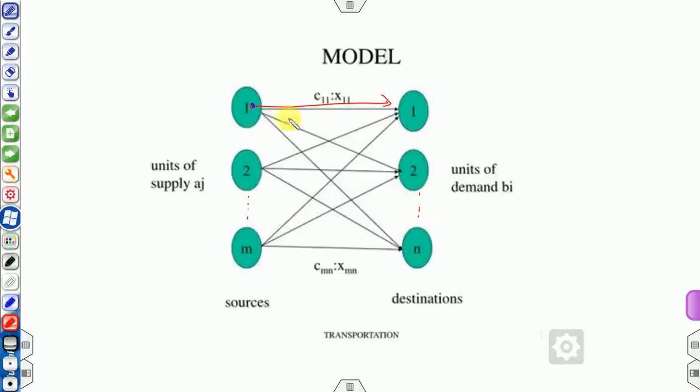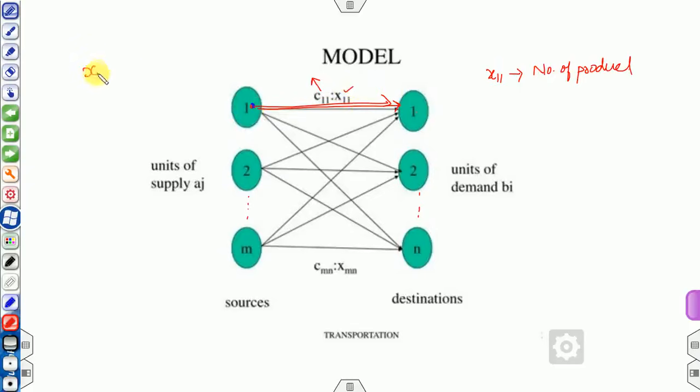When the source O1 transports units to destination 1, the transportation cost is C11. Here X11 represents the number of products transferred. So the question arises: how many units can we transport from one source to one destination? This is denoted by X11.